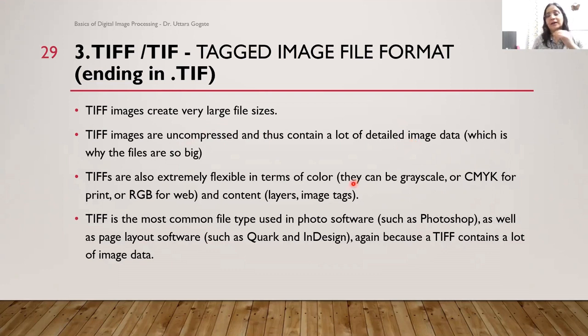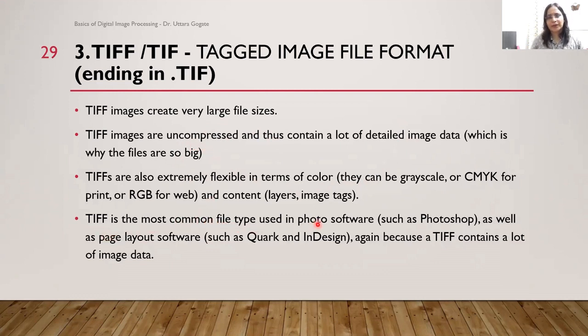But the main advantage, it is extremely flexible in terms of color. That means it can be grayscale, it can be CMYK format, it can be RGB or anything, depending on your application, you can use it. And that's why this is a very flexible file format, though it is an uncompressed type of data.